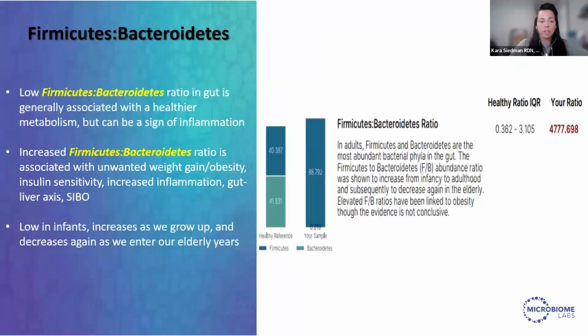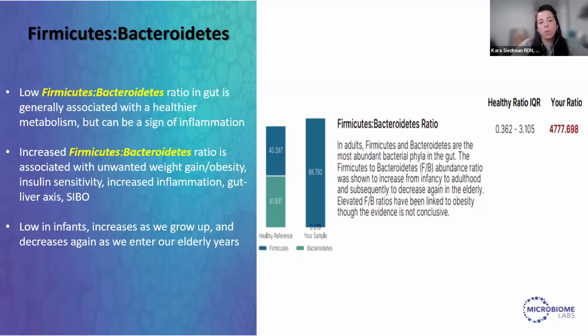So Firmicutes and Bacteroidetes make up about 90% of the microbiome, and it's about 1-to-1. Some research will show that we should have slightly more Bacteroidetes, but it's fairly close. We've got pathogens that live within the Firmicutes phyla, but also lots of keystone species and commensal and important species as well. So the ratio is really important in giving us an idea of how that balance could be impacting us clinically.